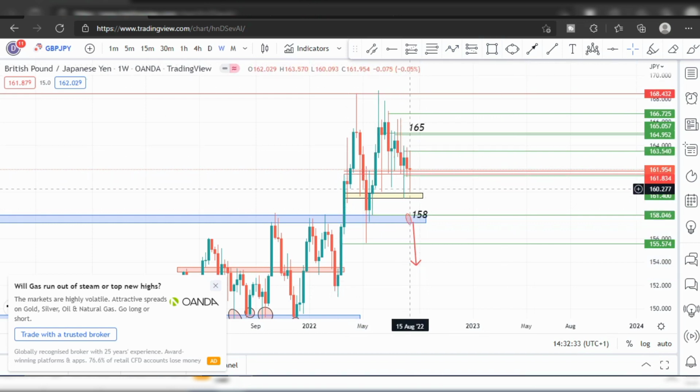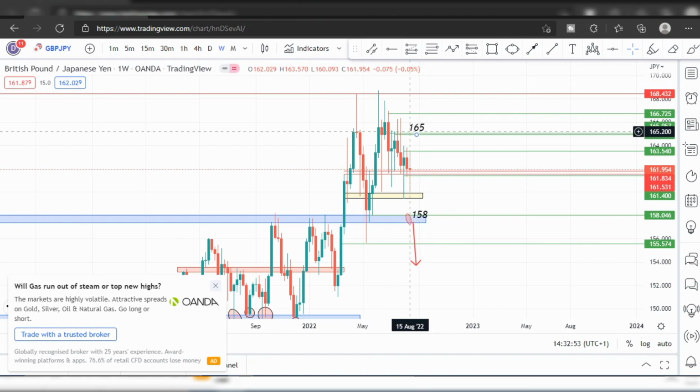But because of all these wicks forming, I've been very careful with this trade, especially when price gets to the 162 area. Price seems to reject off that area and not close below it, as we can see over the last couple of months. Every time price wicks there, it ends up closing above that area at the end of the week.